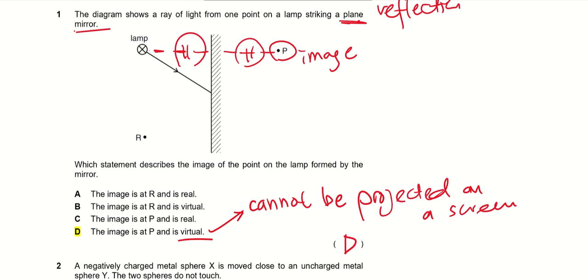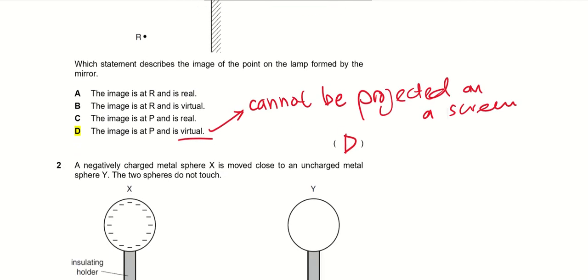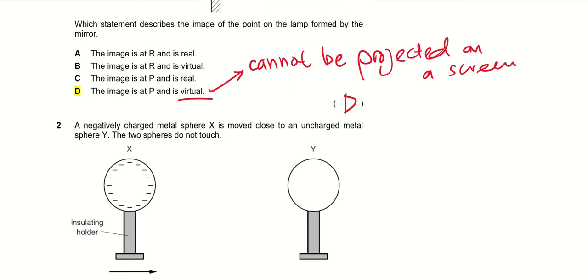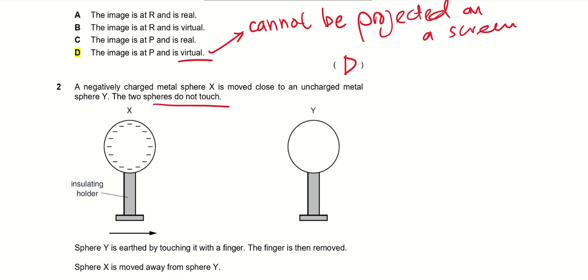So answer is D. Negatively charged metal sphere X is moved close to an uncharged metal sphere Y, and the spheres do not touch. That means the electrons cannot actually move into Y. If it's brought near, then the electrons in Y will be repelled to the right hand side, leaving behind the protons on the left hand side.